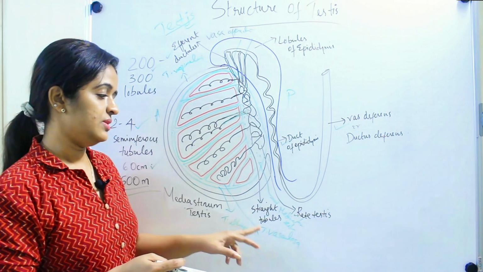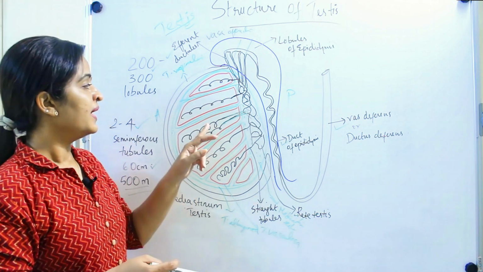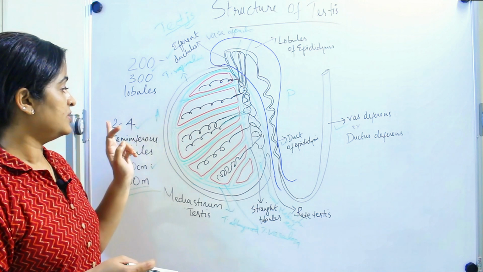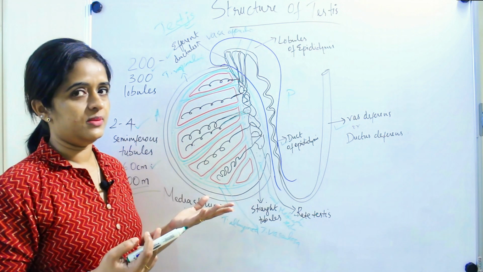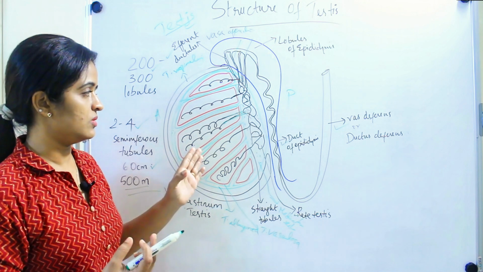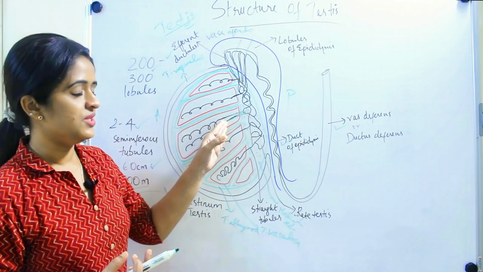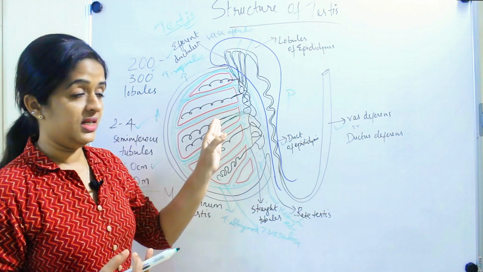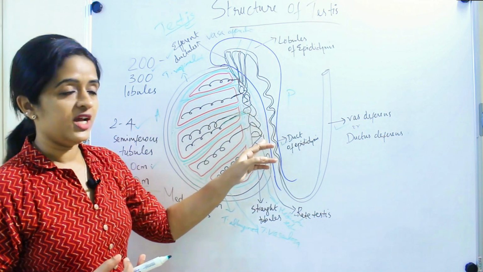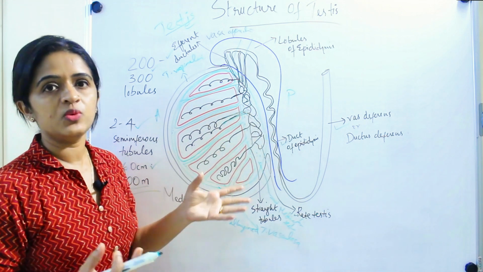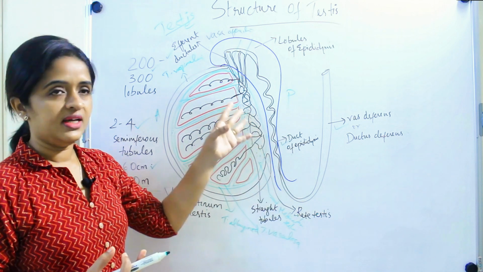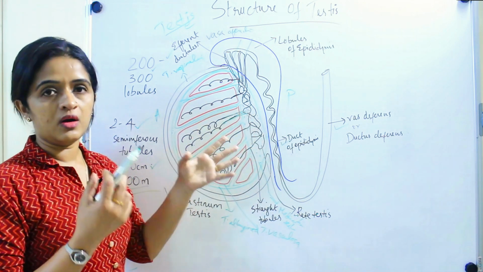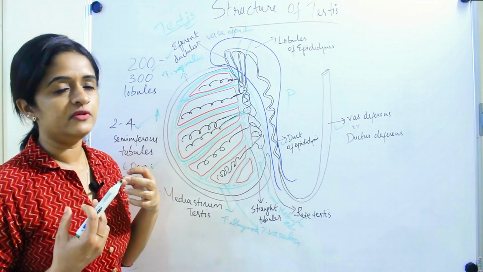Each lobule is lined on the inner aspect by the next layer, that is tunica vasculosa, and each lobule contains 2 to 4 seminiferous tubules which are lined by the germinal epithelium, which gives rise to the spermatozoa. The coiled tubules straighten up as they leave the lobules, and drain into a network of tubes known as rete testis, where the sperms are concentrated by absorbing the fluid portion.